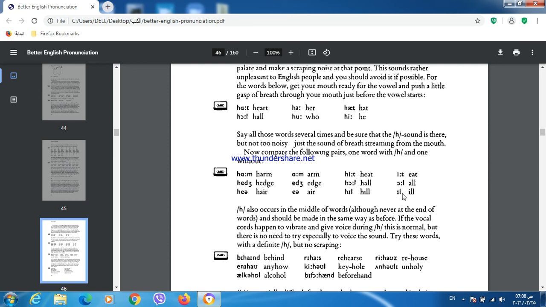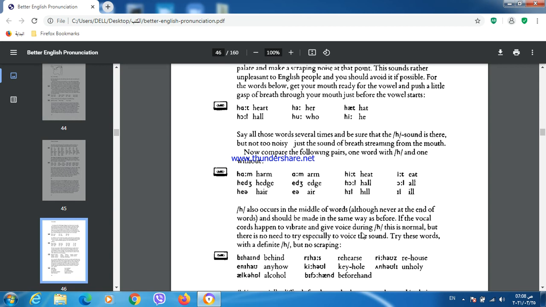There must be an h in the words that contain it. Now h can also occur in the middle of words, and it should be made in the same way as before, with little noise, and the mouth ready for the vowel. There is not much noise, and it is not produced at the back of the mouth.